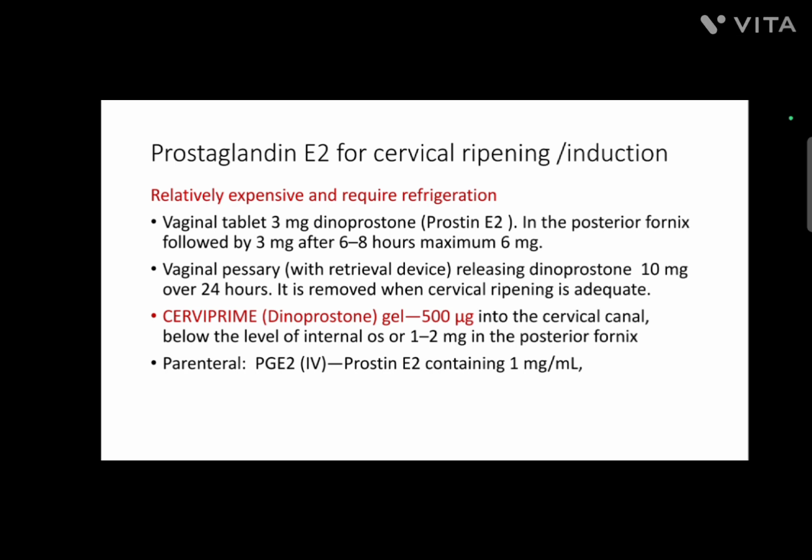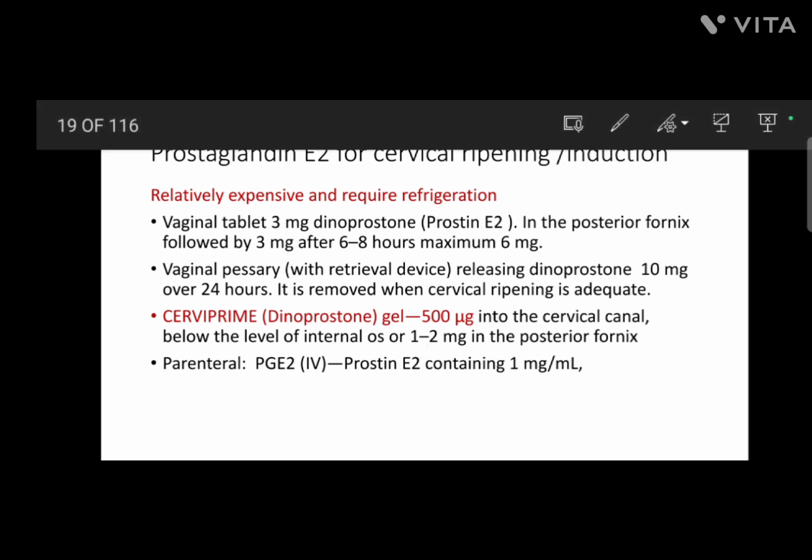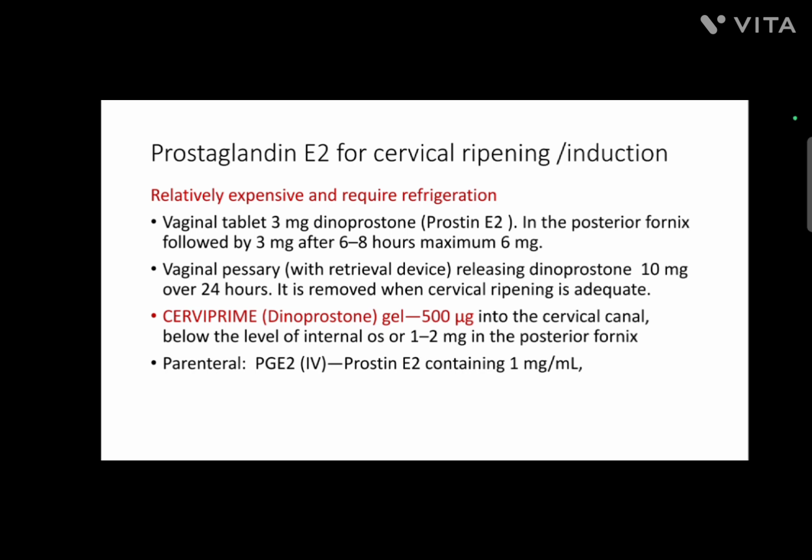When it comes to dinoprostone gel, you keep 0.5 mg in the cervical canal, or it can be used in the posterior fornix as well at 1 to 2 mg. But mostly the action will be very good if it is kept in the cervical canal.